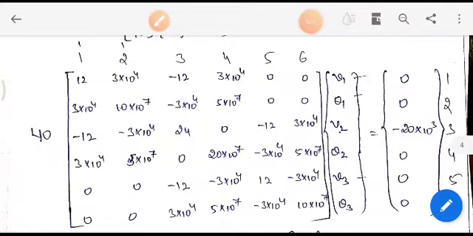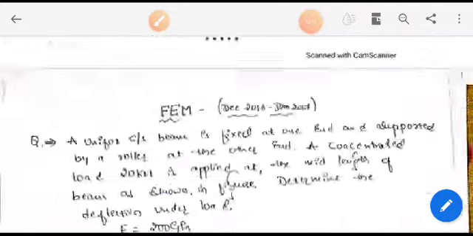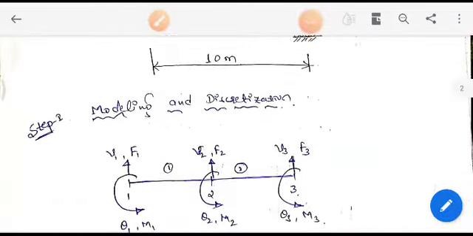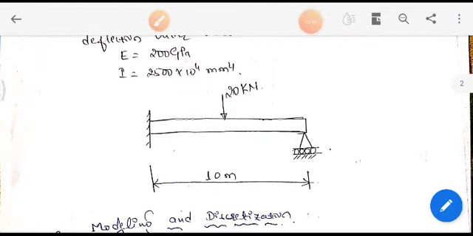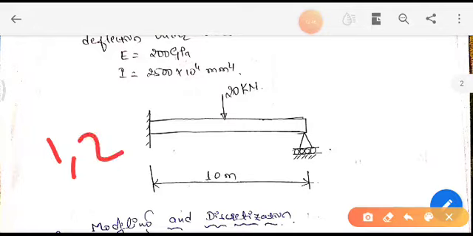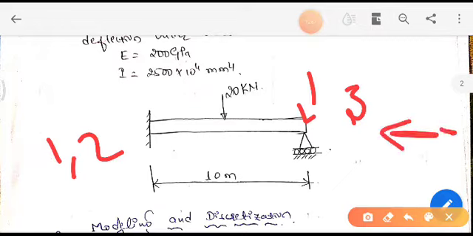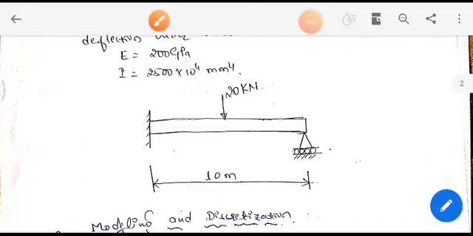Here if you see our figure, in this figure nodes 1 and 2 are fixed, and node 3 is fixed, meaning we don't have vertical displacement, whereas node 4 is movable.